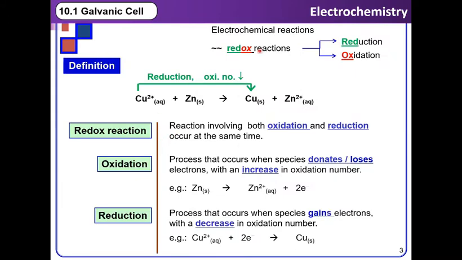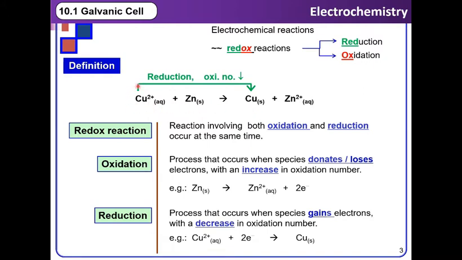Electrochemical reactions involve redox reactions. What does it mean by redox? Redox, RED stand for reduction, OX stand for oxidation. Okay, for example, copper 2 plus to copper. So copper 2 plus, the oxidation number for copper 2 plus is positive 2 and the oxidation number for copper solid is 0.